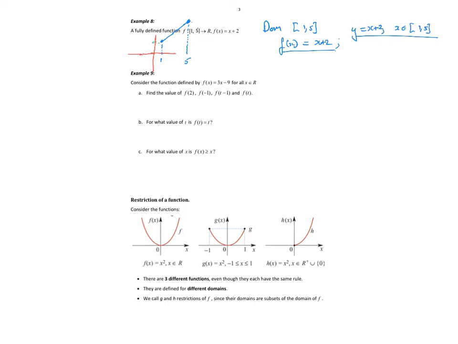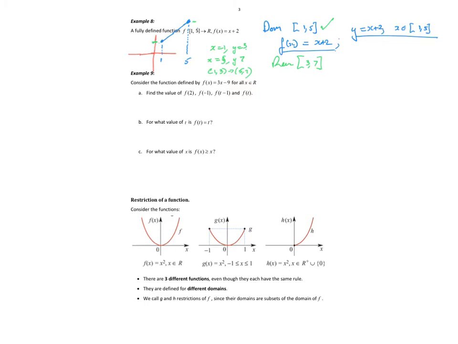Well, that point there and that point there. So at x equal to 1, y is equal to 3. At x equal to 5, y is equal to 7. So I've got the points (1, 3) to (5, 7). So my domain is 1 to 5, and my range would be from 3 to 7. Okay.